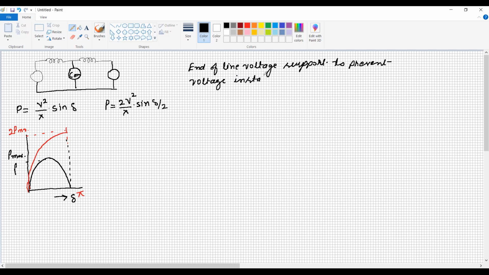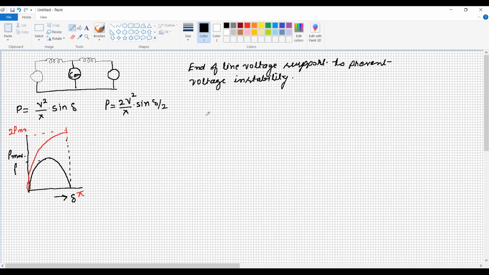There may be a voltage instability. It is quite clear that voltage instability is because of a deficit of reactive power, or it may be a surplus of reactive power.